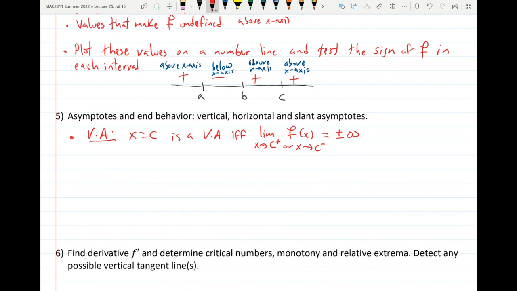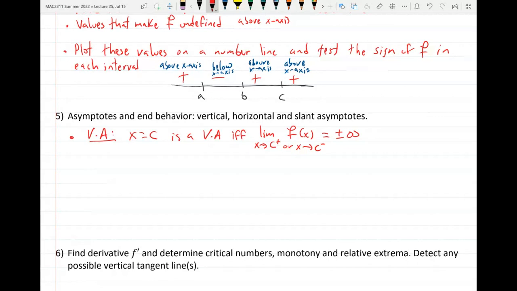In other words, if when you approach c from one of the sides at least, the values of the function grow unbounded or decrease unbounded, going up all the way or down all the way, meaning positive or negative infinity, then you know that you are in the presence of a vertical asymptote.